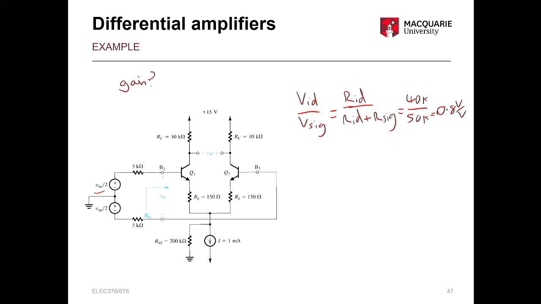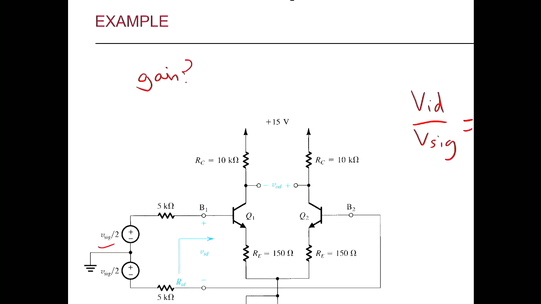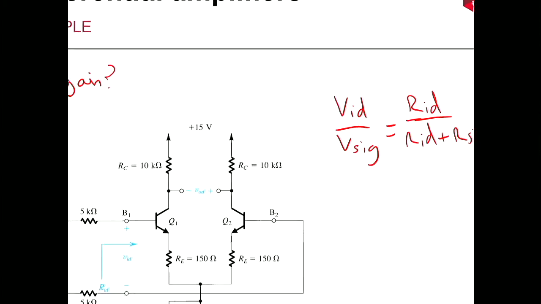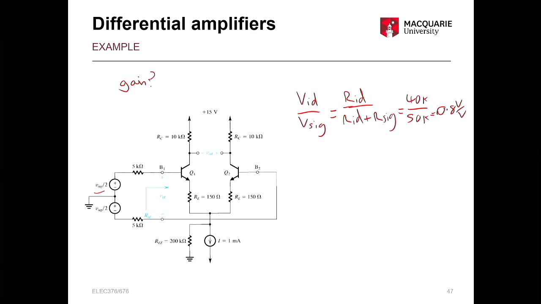So now we also need the gain from our output to our VID, so our output to our transistor input. So that's our VOD over VID, okay?